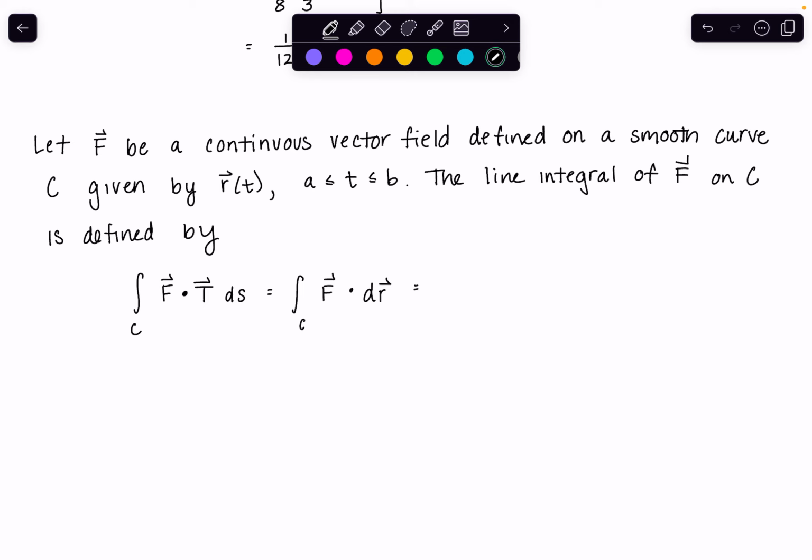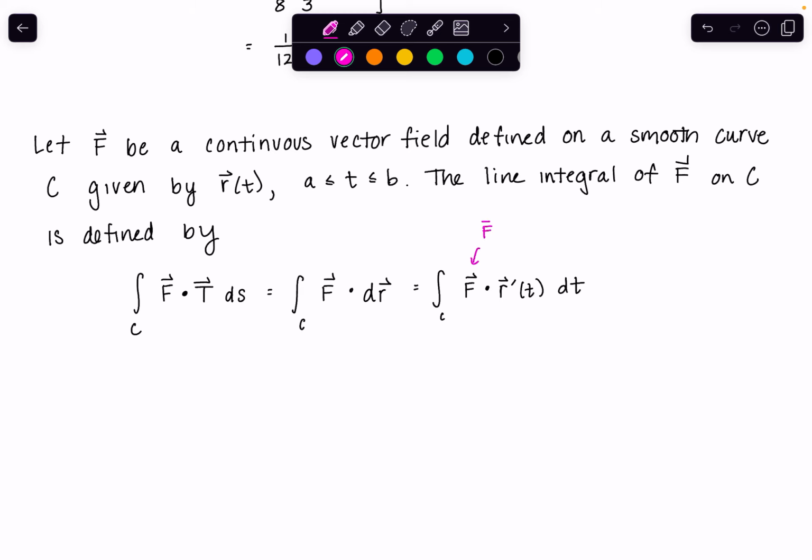So ultimately, all I'm going to do, these are way easier in general, is take F, dot product it with r prime of t, and then integrate with respect to t. But again, F is going to have to be evaluated along that curve. So all of your x's, y's, z's, whatever it is, have to be replaced by the components of r of t.